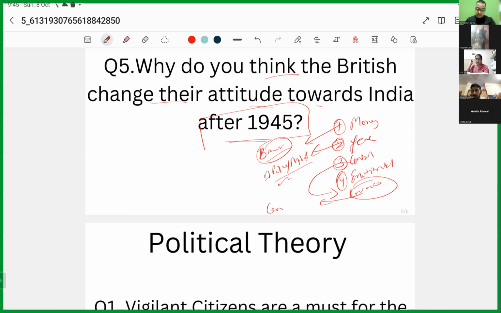Now Congress, that time Congress was good Congress. Emotional connect: issue of nationalism. Then factors like world war and all. They couldn't manage their own expenses, so what would they manage of ours?